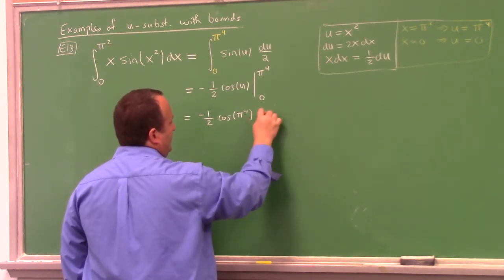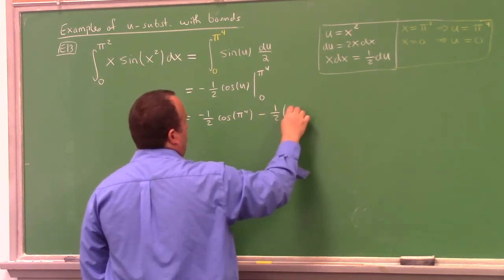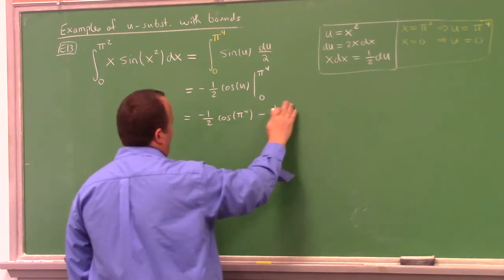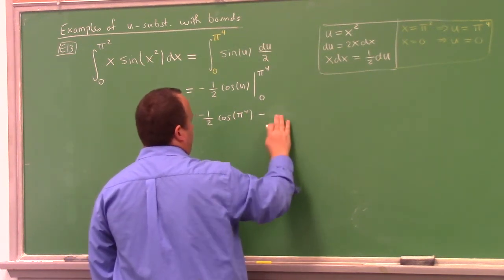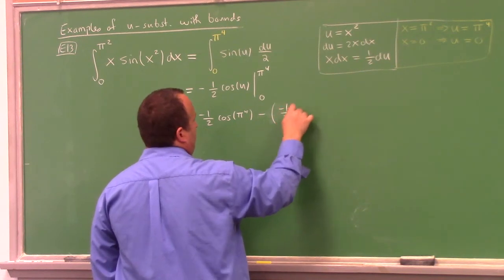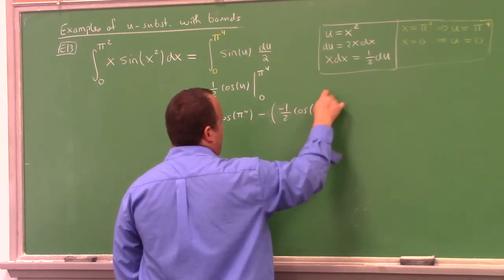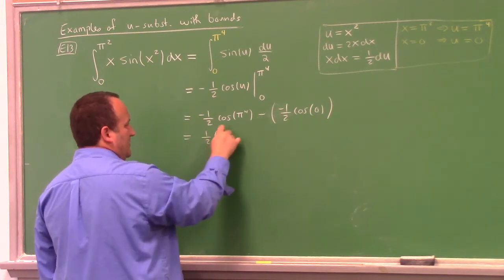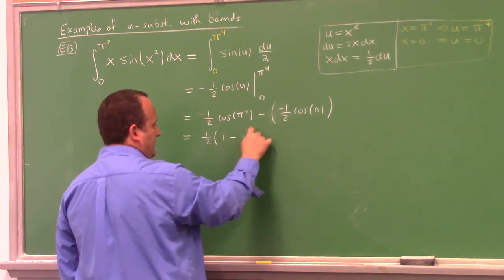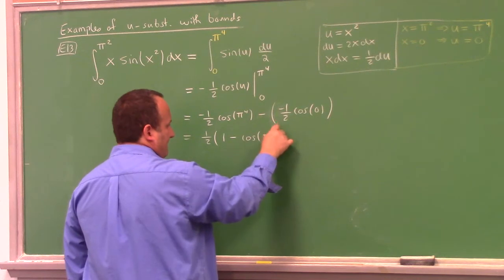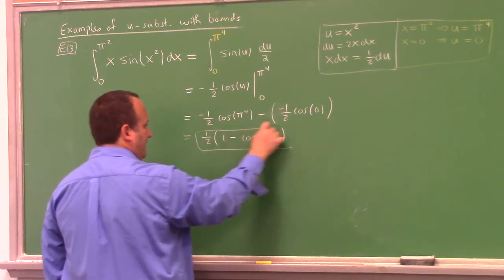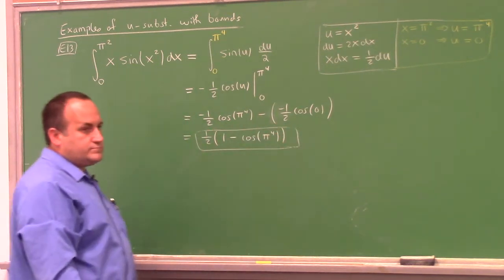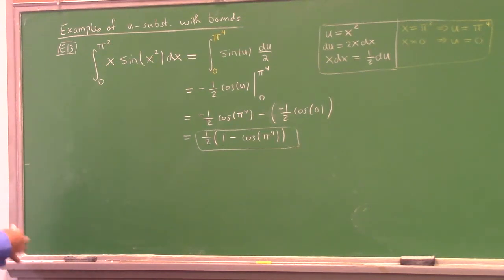Final write out: minus 1/2 cosine of pi to the 4th, minus a minus 1/2 cosine of 0. So minus minus gives me a plus. I've got 1/2 of 1 minus cosine of pi to the 4th. So that's one way. You can change the bounds.